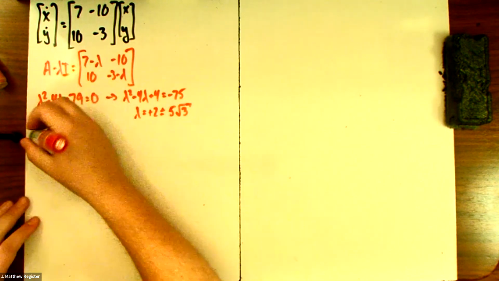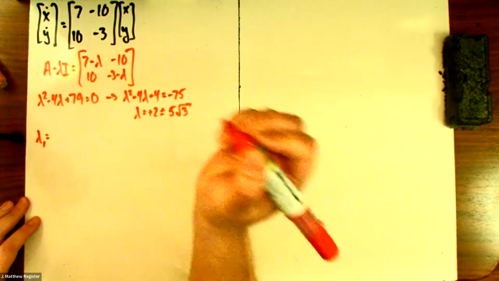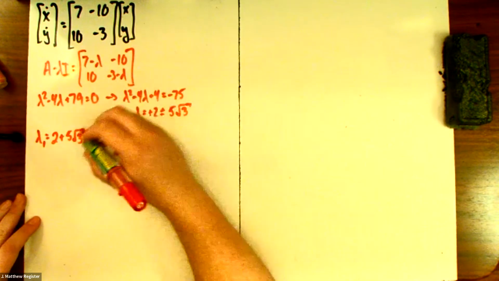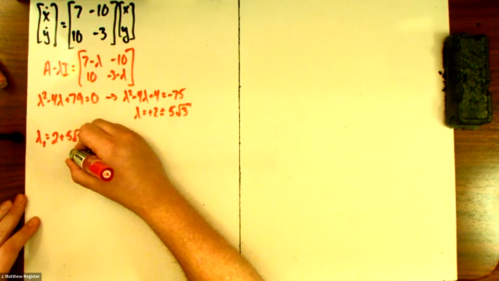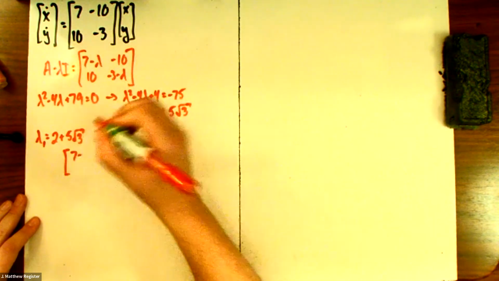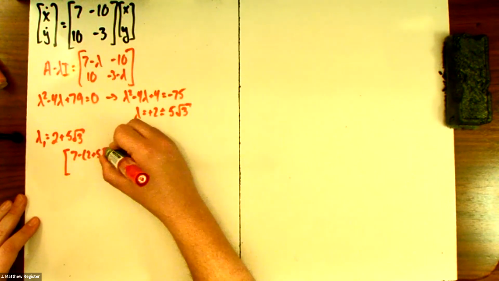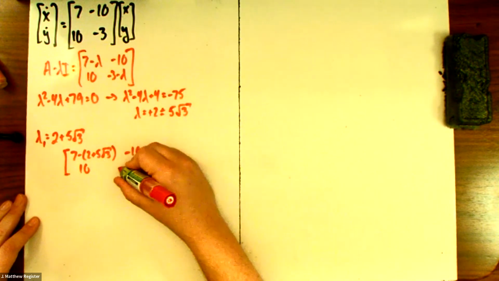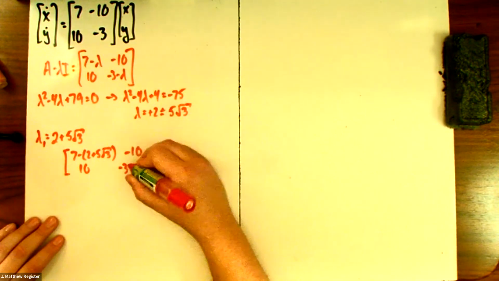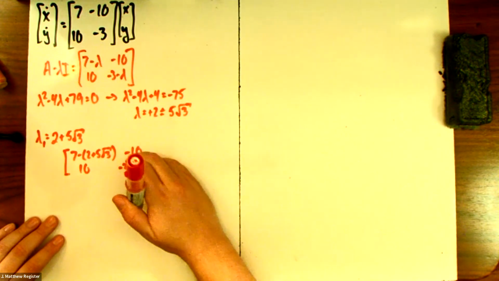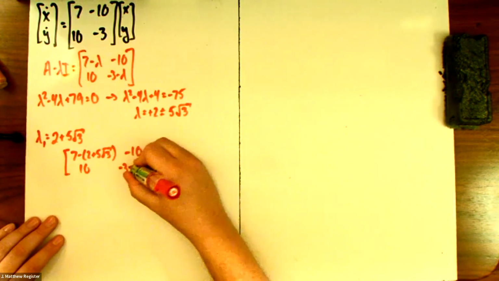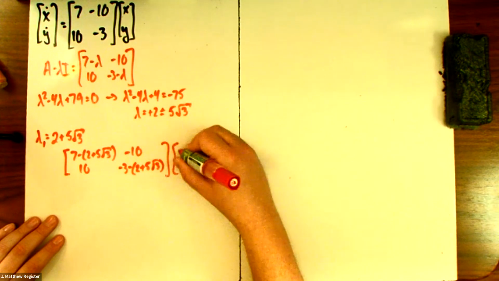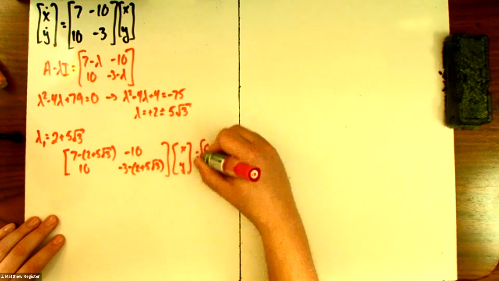So for lambda 1 equal to 2 plus 5 square root of 3, we are going to get the matrix 7 minus a 2 plus 5 root 3, a negative 10, a positive 10, and then a negative 3 minus a 2 plus 5 root 3, times x, y, equals 0, 0.